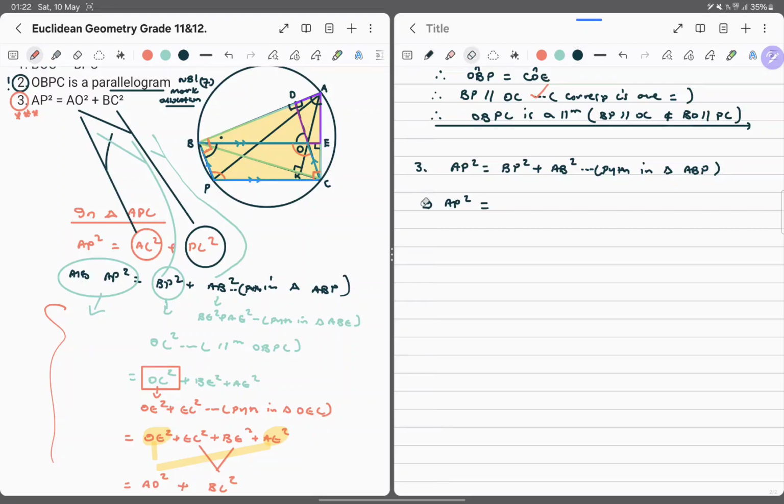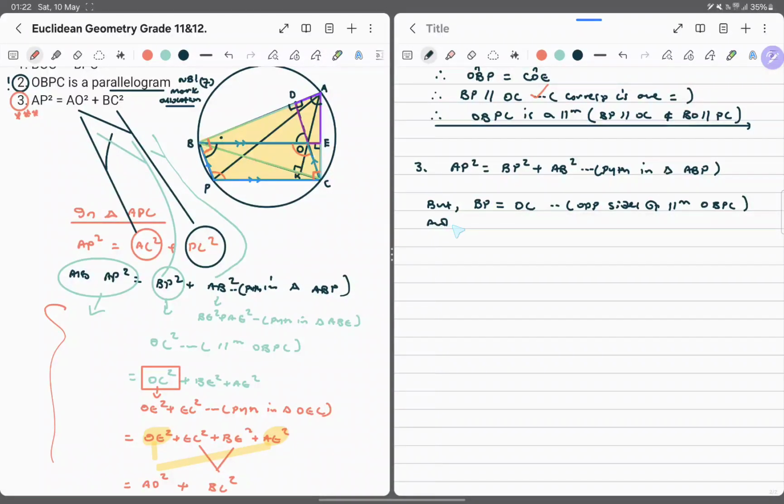Okay. Let's try to be a bit systematic here. We will say here, but we know that BP is equal to OC. How do we know this? These are the opposite sides of parallelogram OBPC.